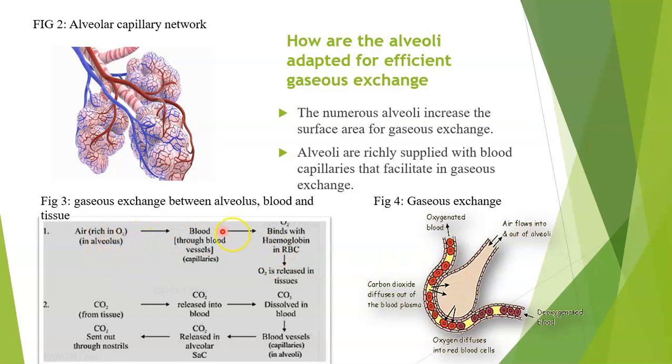Okay, so this is a flow chart for the transport, how the gas is exchanged or transported throughout the body. Okay, so the first one is for oxygen and the second one is for carbon dioxide.